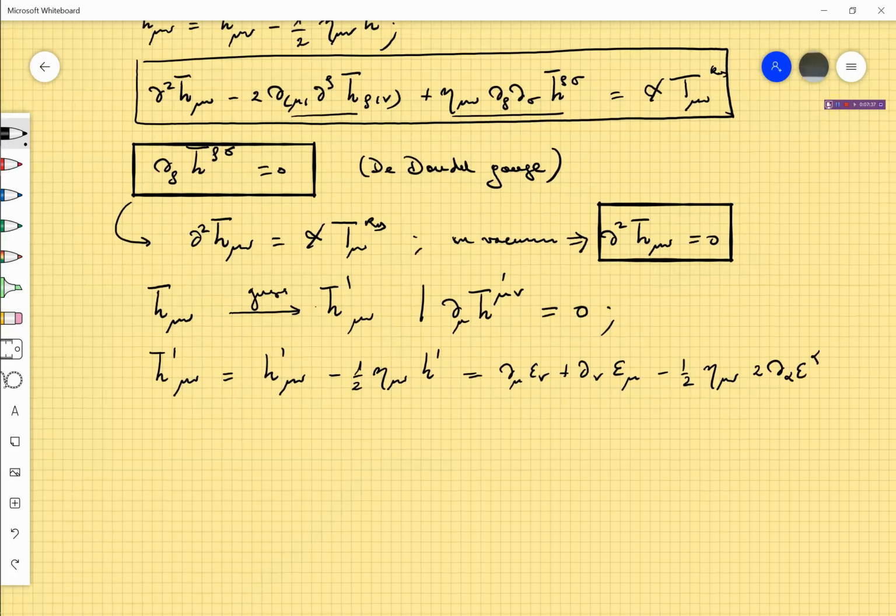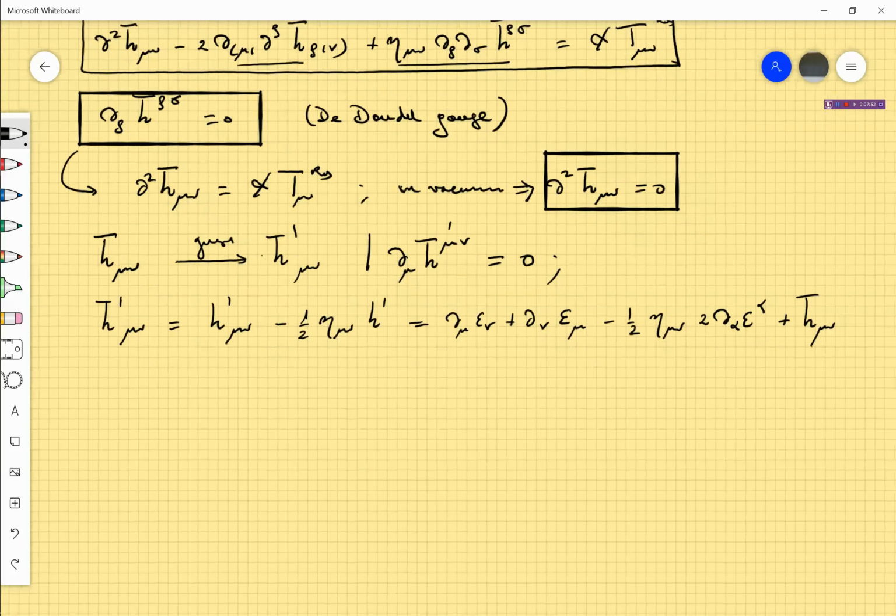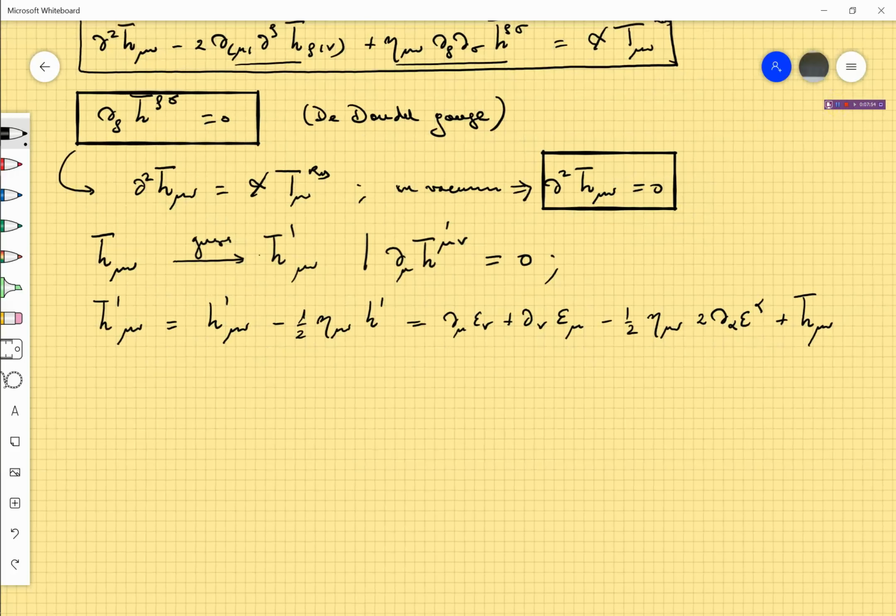You have this is h prime, just the trace of this, plus the original variables, because h prime mu nu is h mu nu plus this, and this combined gives you the original h bar mu nu.